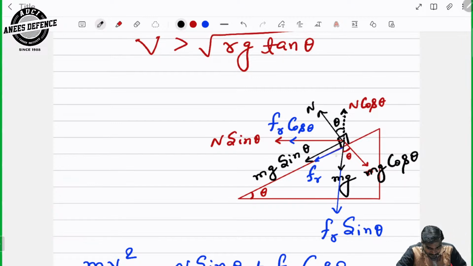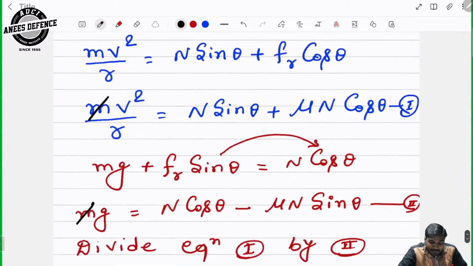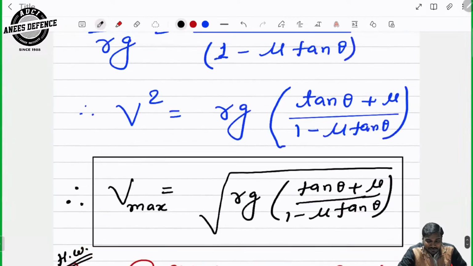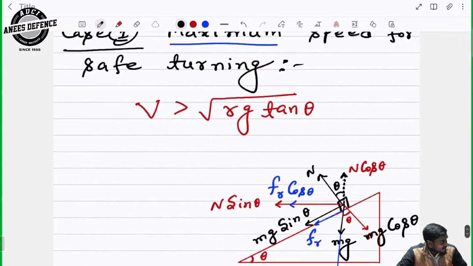So now you have taken friction force in the downward direction. In case of minimum safe speed, you have to take friction force in the upward direction. When you take it in the upward direction and extend this line, the angle will be theta.